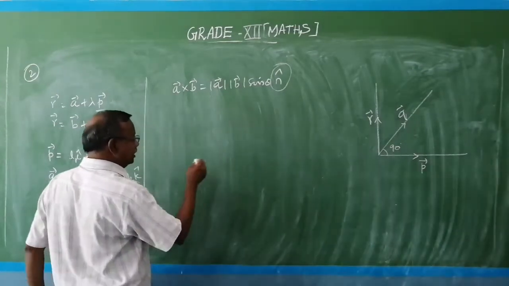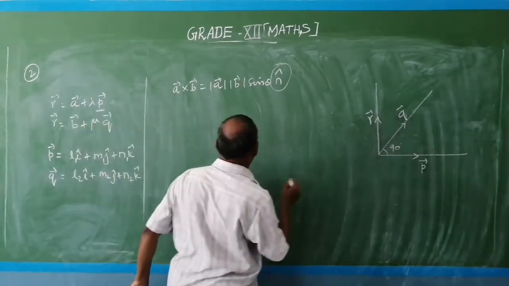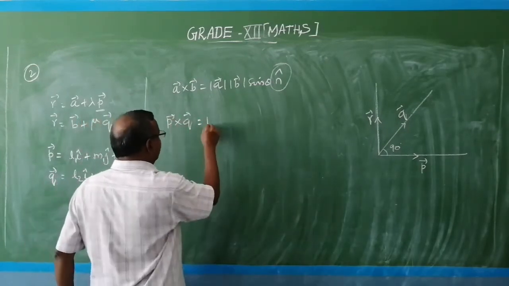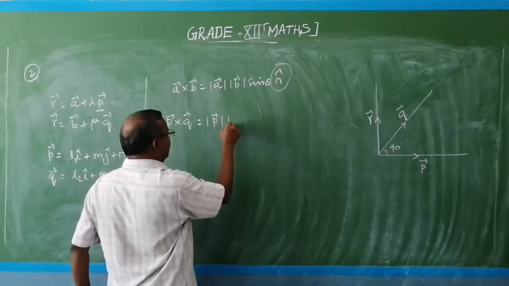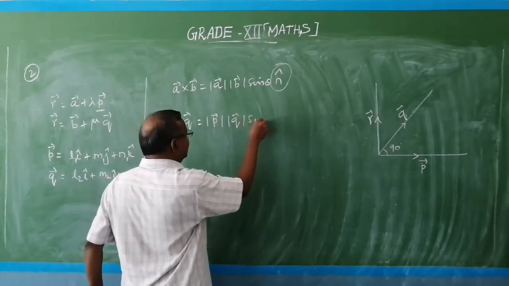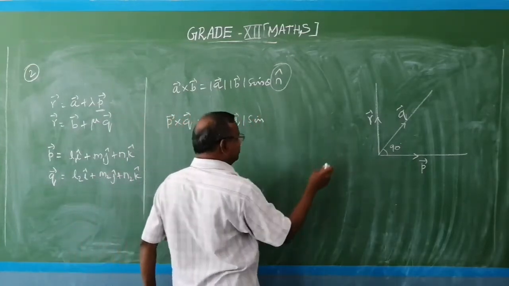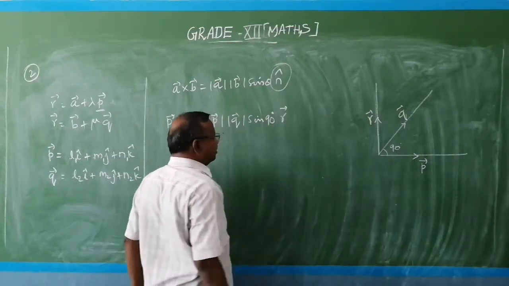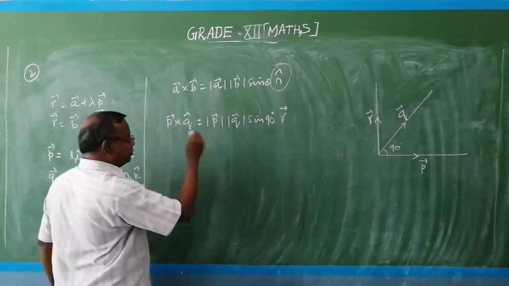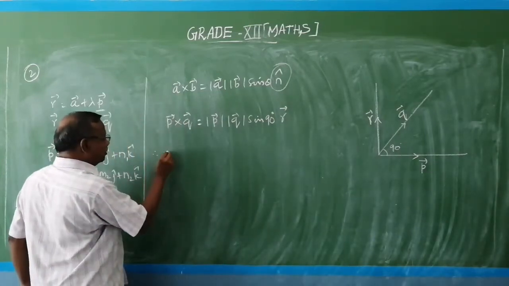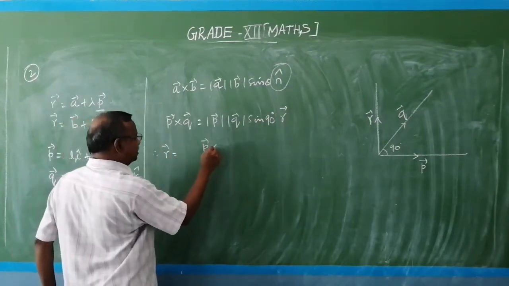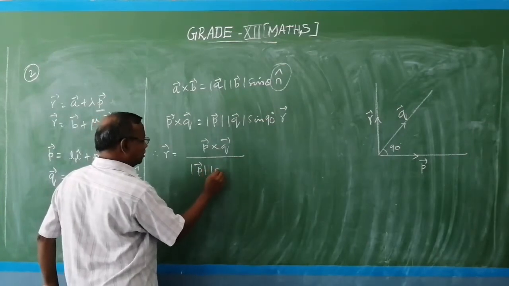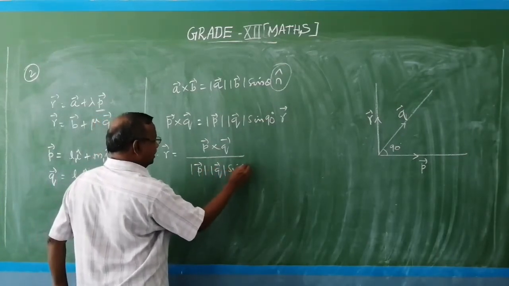Now take the cross product between p vector and q vector. P cross q equals modulus of p into modulus of q into sine of the angle between them. Since they are mutually perpendicular, it is sin 90 and r vector. Now r vector is a unit vector perpendicular, therefore r vector equals p cross q divided by modulus of p into modulus of q into sin 90.